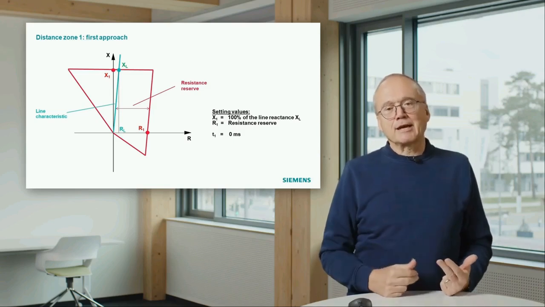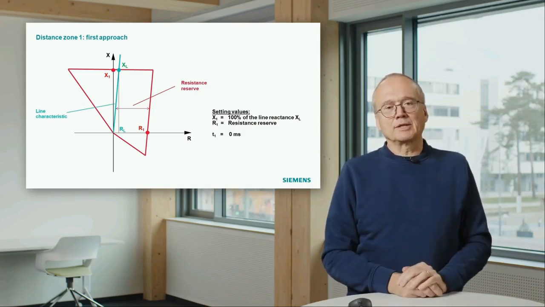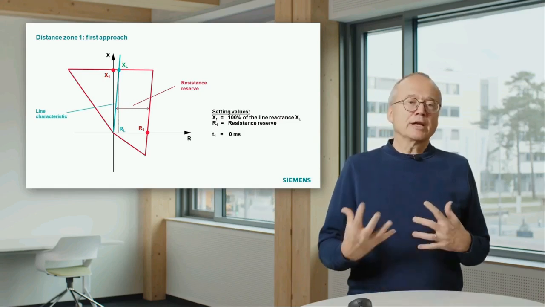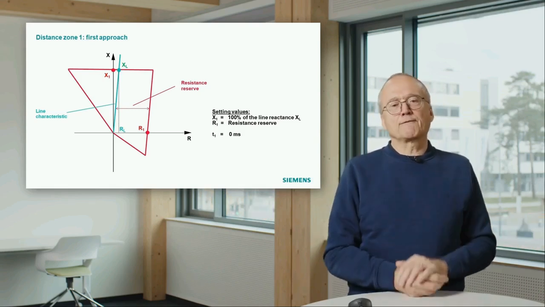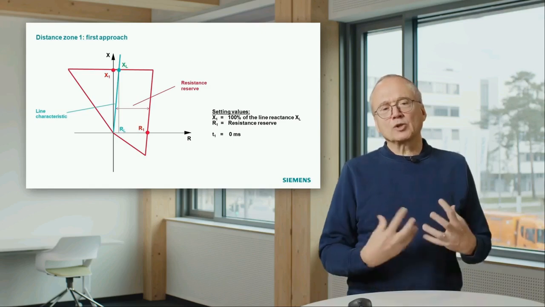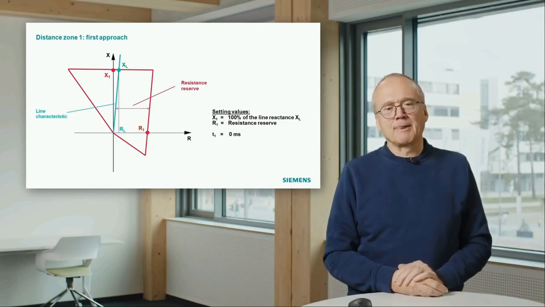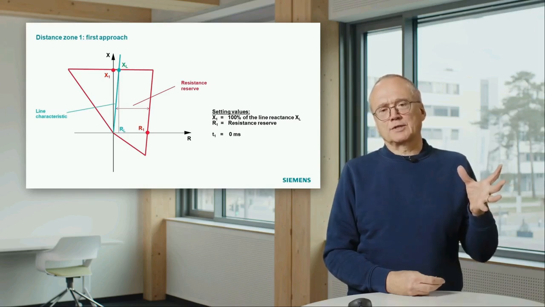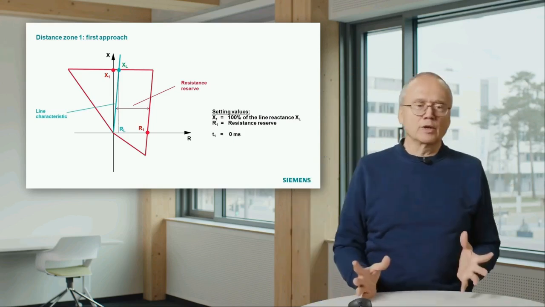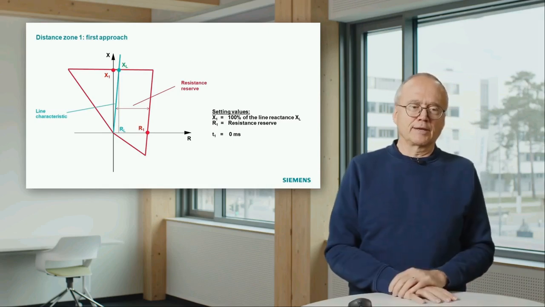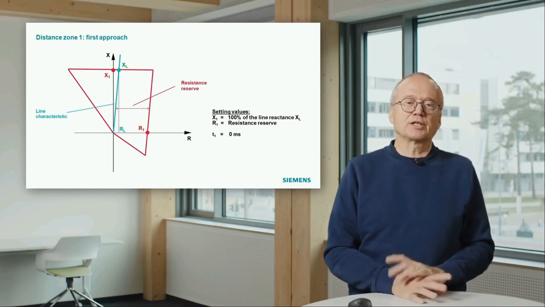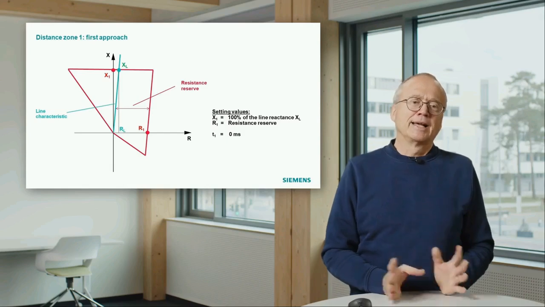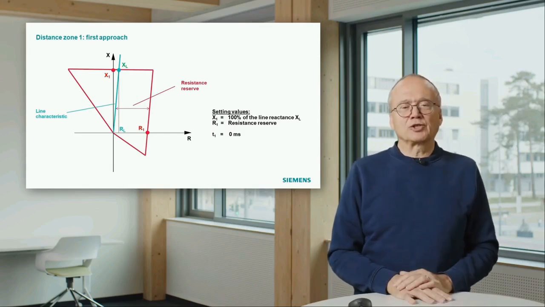The relays have, of course, also a limited accuracy. Then you have other disturbing effects which also influence your measurements. If you want to measure phase-to-ground faults, you must know the zero sequence quantity of the line. This is also not very well known.